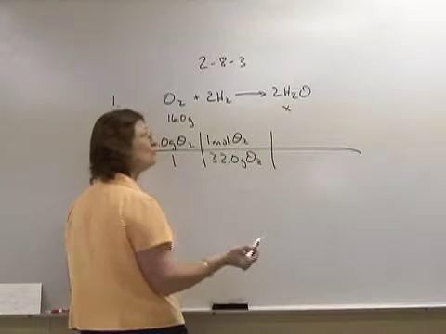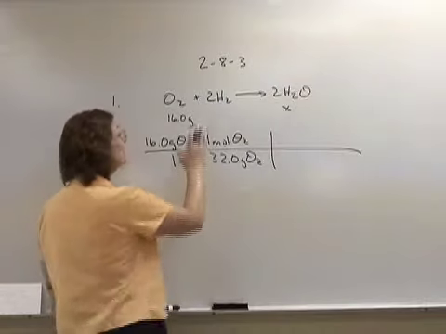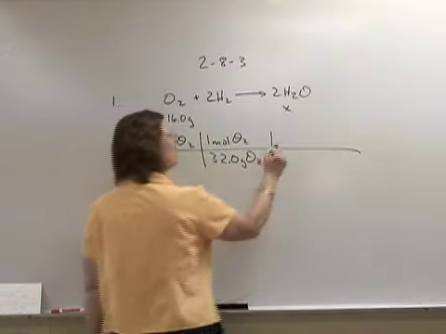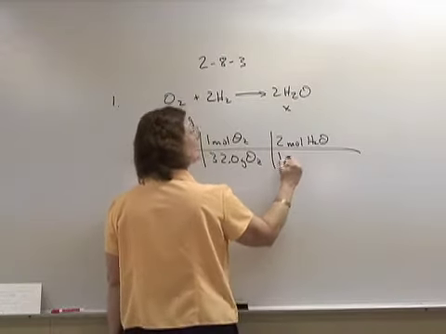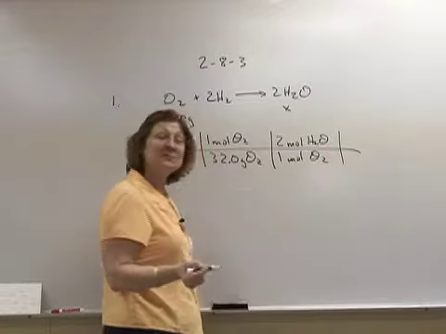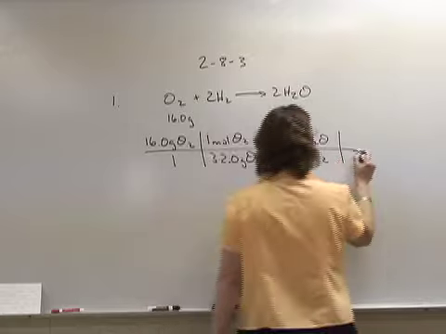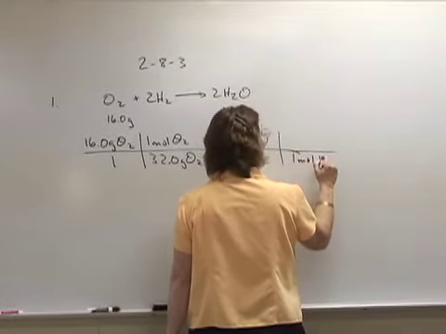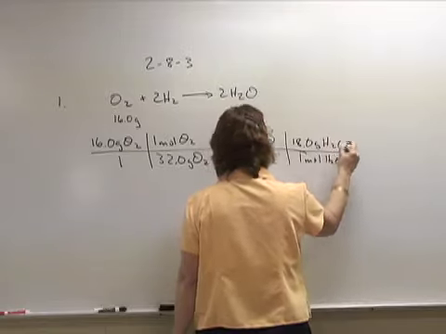Then I have to change compounds using the balanced equation. This is my recipe. There are 2 moles of water for every 1 mole of oxygen. That gets me to moles of water, and then I change my moles back to grams. And 1 mole of water has a mass of 18.0 grams of water.